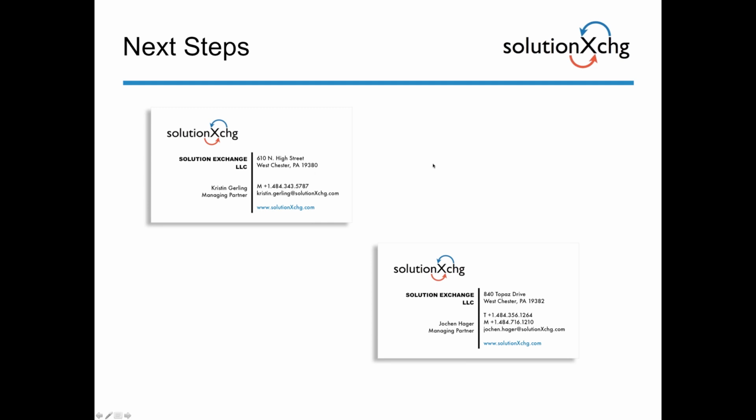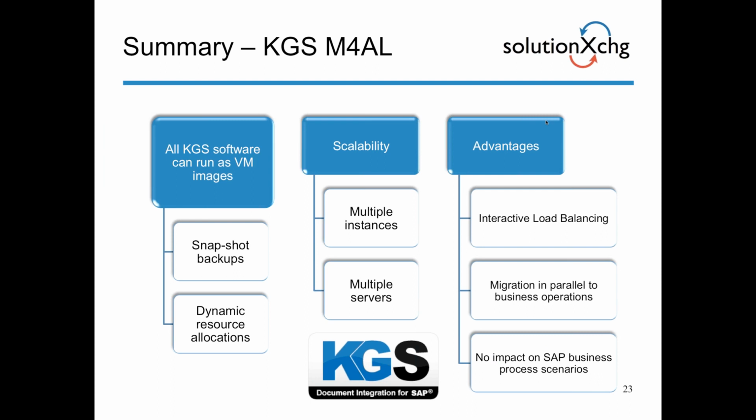Hello. Thank you, Jochen. I just wanted to recap again on some of the features, because not just that KGS migration for Archive Link allows you to switch from one SAP content archive solution to another one, it also allows you with a new feature, to switch between content repositories.